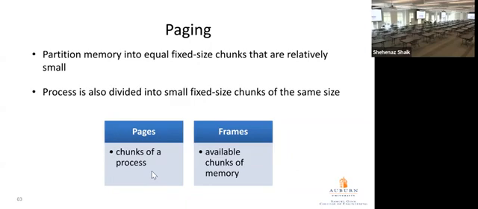But it may so happen that a particular process may not fit properly into some number of pages. So there is a possibility that the last page of a particular process may not be completely full.